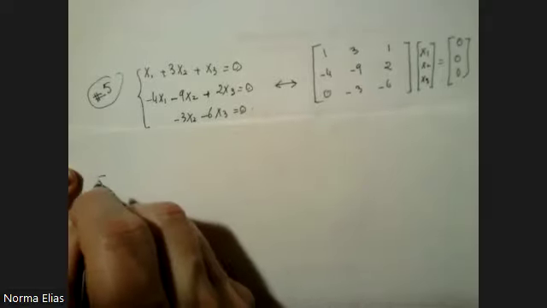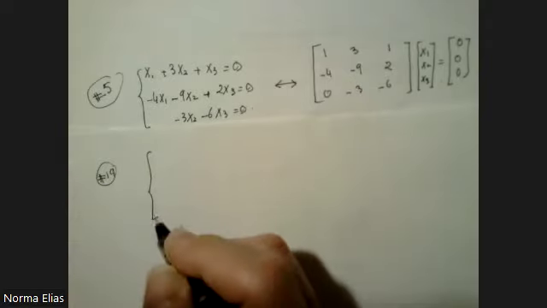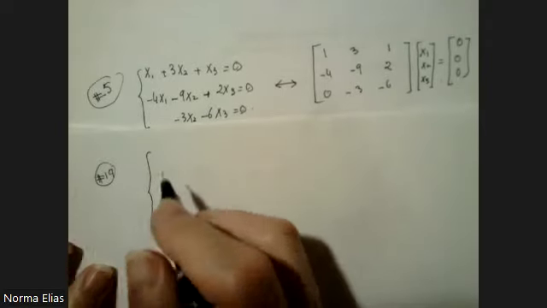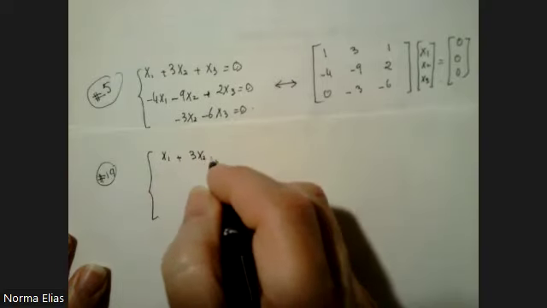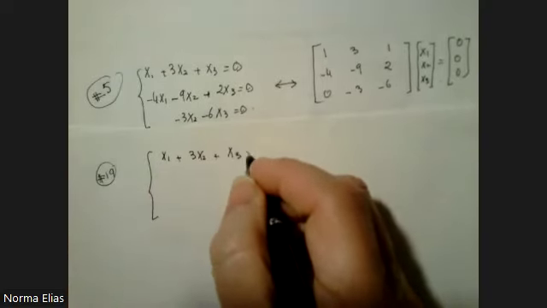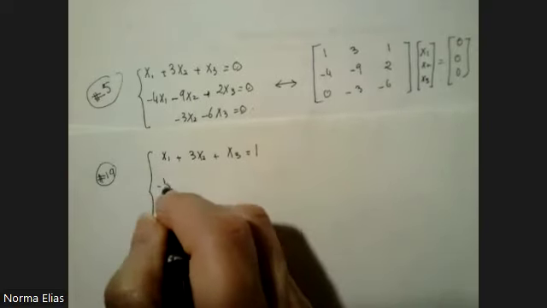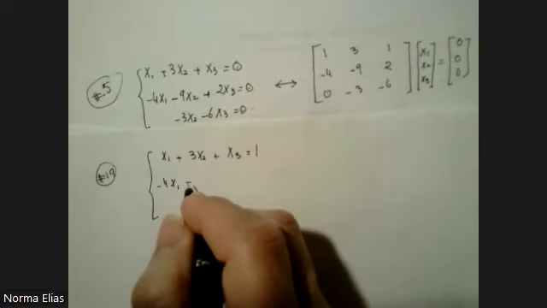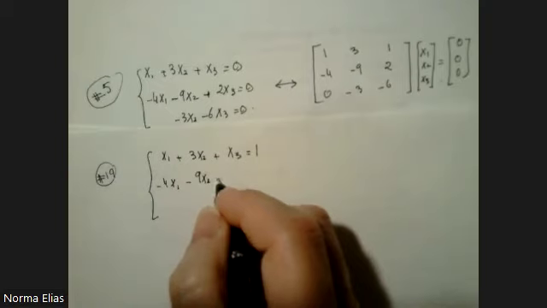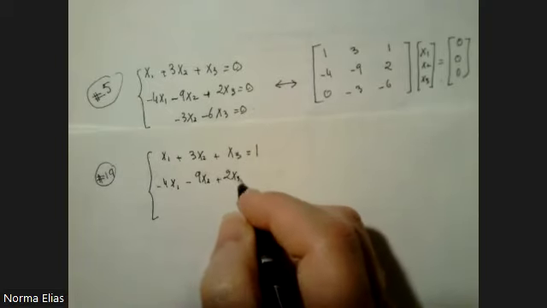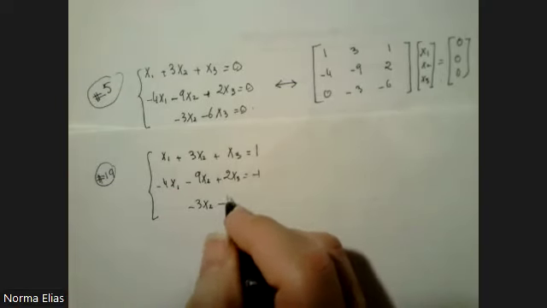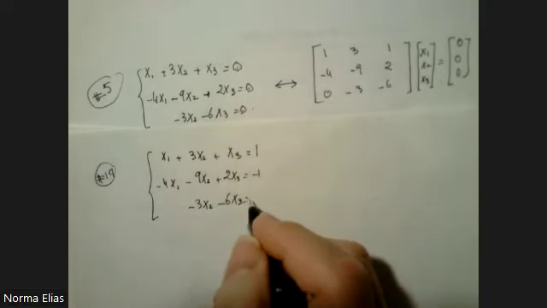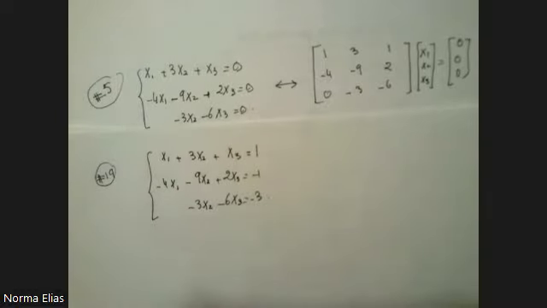Number 19 is the following: x1 plus 3x2 plus x3 equal to 1, minus 4x1 minus 9x2 plus 2x3 is minus 1, and finally minus 3x2 minus 6x3 equal to minus 3.